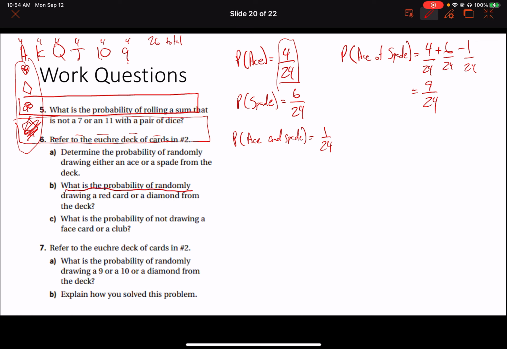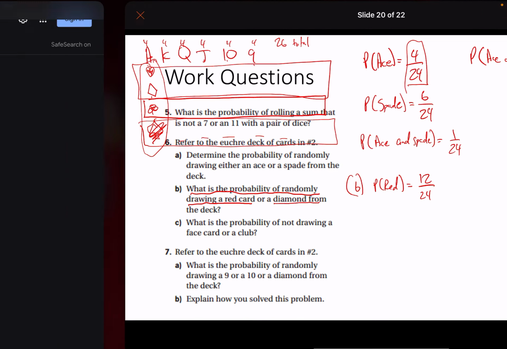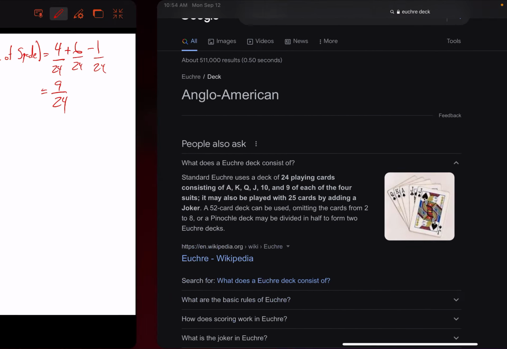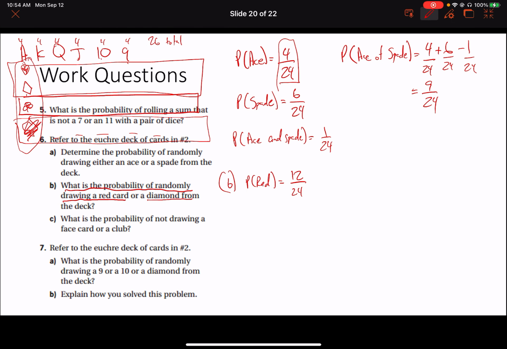What is the probability of randomly drawing a red card? Well, the red card is basically hearts and diamonds. So B, the probability of red is equal to 12 over 24. And the probability of a diamond: there's 6 diamonds, so P of diamond equals 6 over 24.